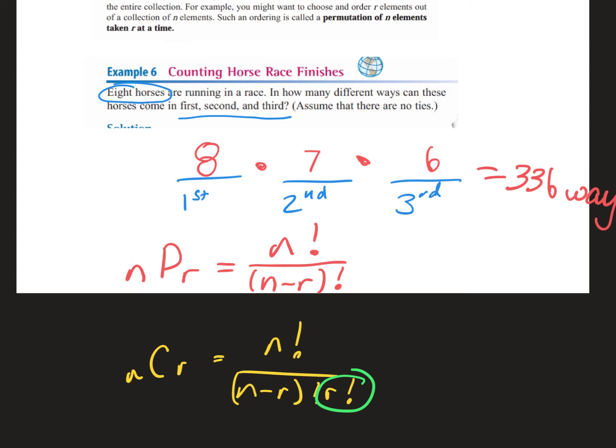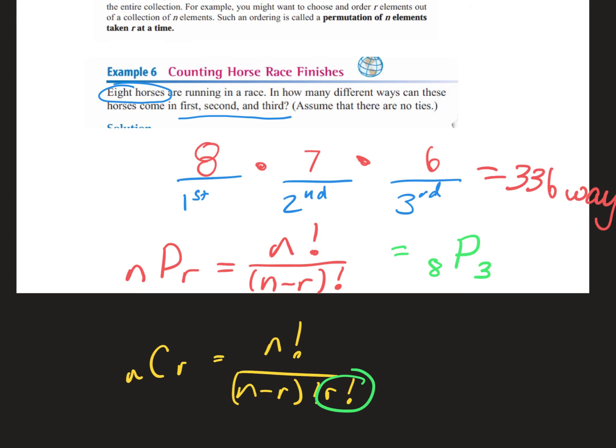So if you had a question like this, and it's a horse race, and they want to know the different ways that it can come in first, second, third, or first through fourth, or whatever, you can use your permutation formula. How many horses are in this race? 8 horses. And how many different places am I concerned about? 3.